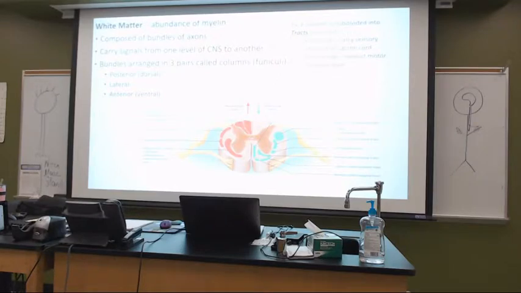Now, what you're going to find as we continue talking about this system, because those lateral horns go to our organs, when that spinal cord is severed, so are the organs affected from that region.